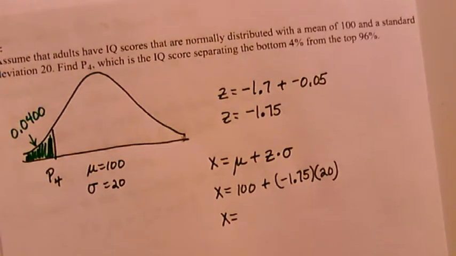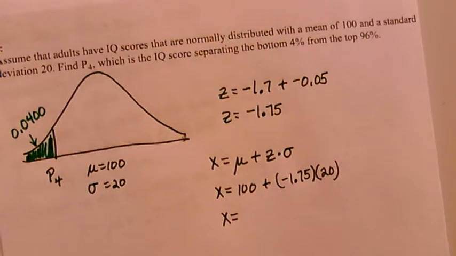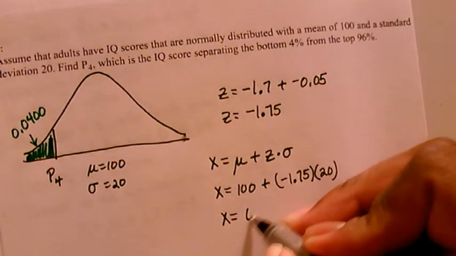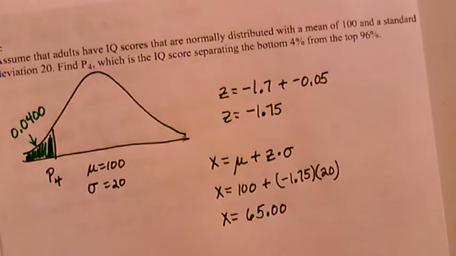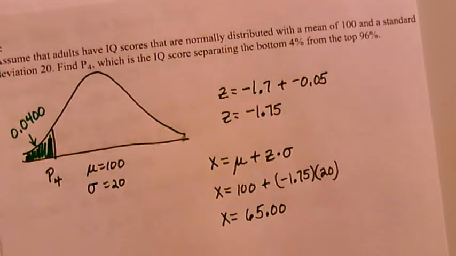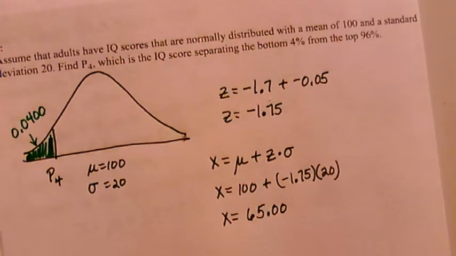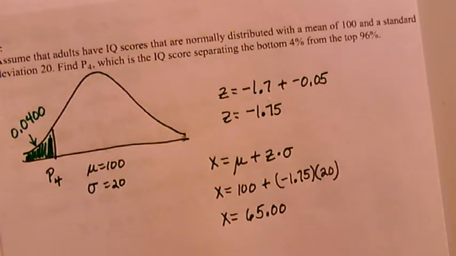And if you do 100 plus negative 1.75 times 20, you're going to end up with an x value of 65.00. Okay, so the number 65 represents the value that's in the 4th percentile, and that separates the bottom 4% from the top 96%.